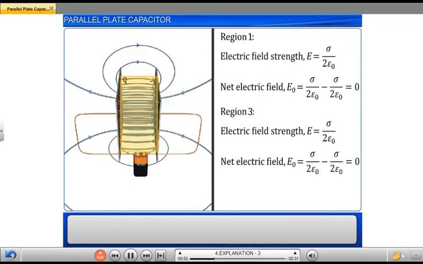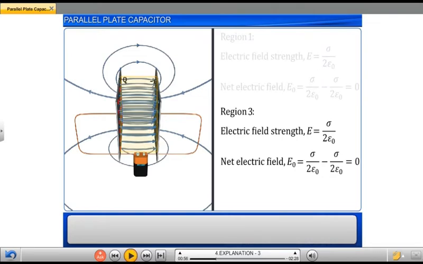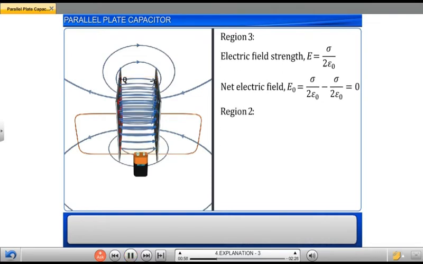Now let us look at region 2 between the plates of the capacitor. In region 2, due to the positive plate of the capacitor, the electric field strength E is equal to sigma by 2 epsilon naught, directed away from the positive plate and towards the right.